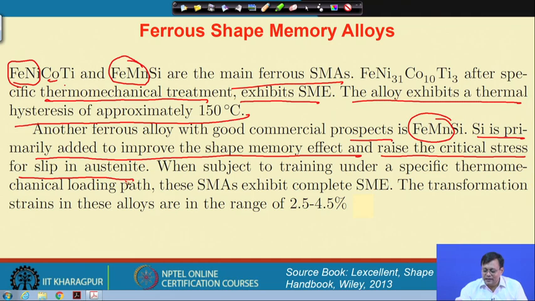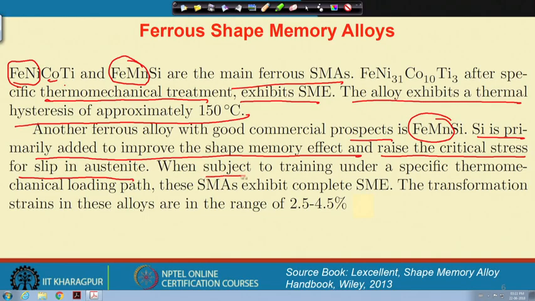Because as I said, to cause a slip in the martensite, to cause a slip, it will simply destroy the shape memory behavior. So, we need to add some other alloying element, so that the twinning can form.